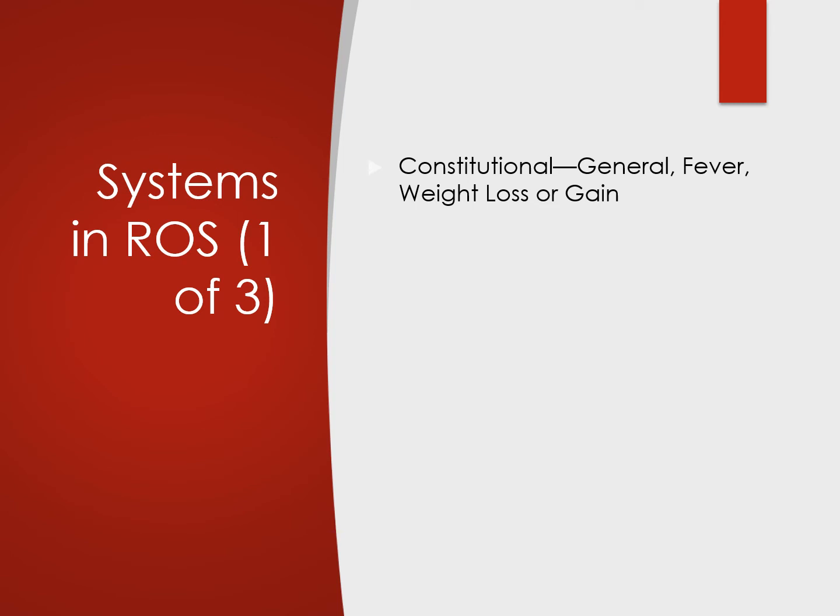General appearance is taken into consideration. Does the patient have fever, weight loss, or gain? We call that constitutional. Like the MA or nurse will take our blood pressure and temperature, right?